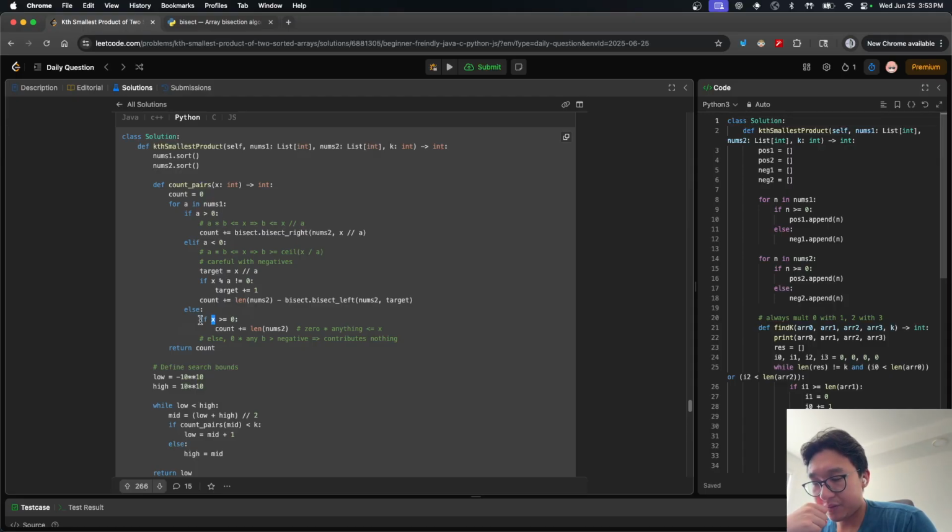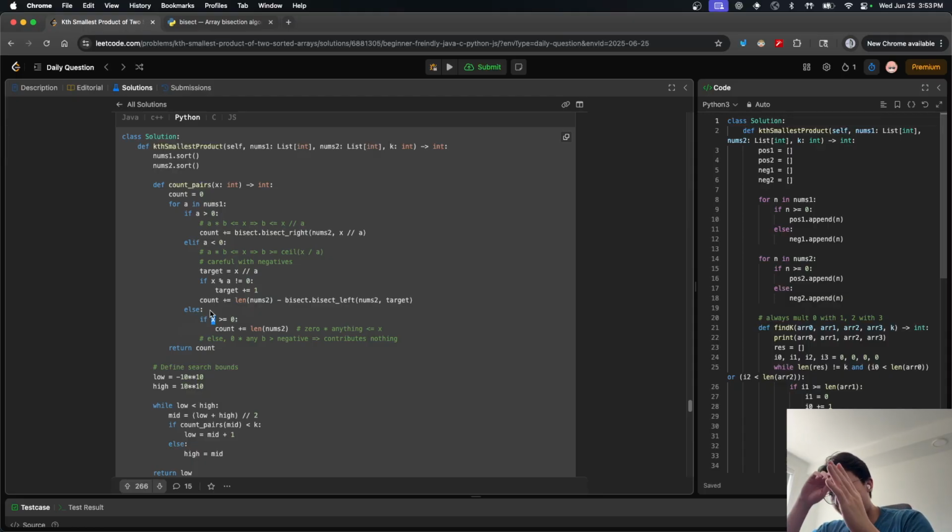If A is greater than zero, we want to find the largest element that multiplied by this number will give us the target. Take the largest one of that.